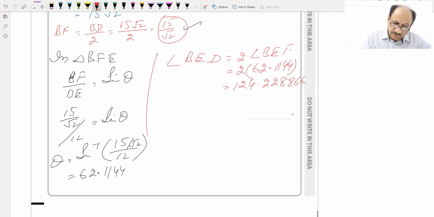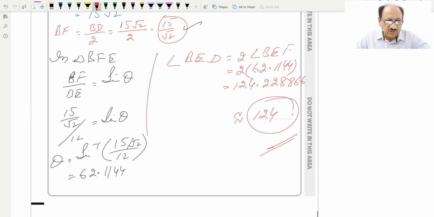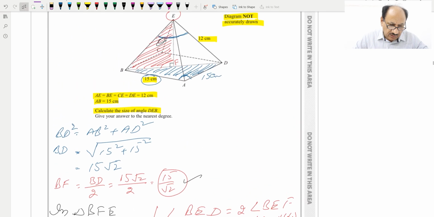Okay, and we can round it to 124 degrees. This will be our final answer, and this is also a very important 4-mark question.